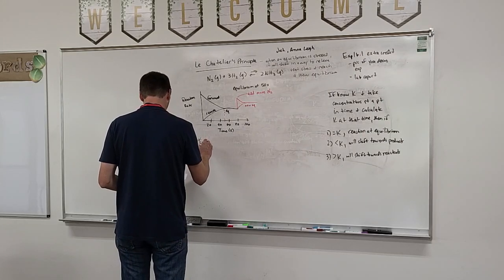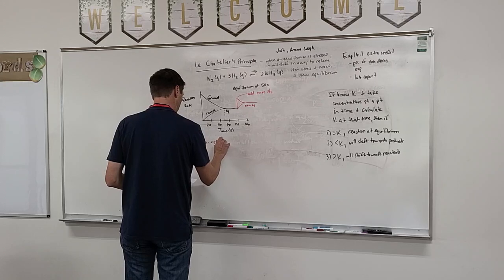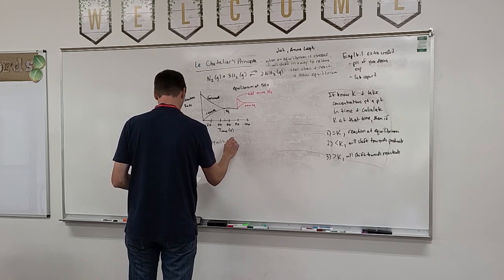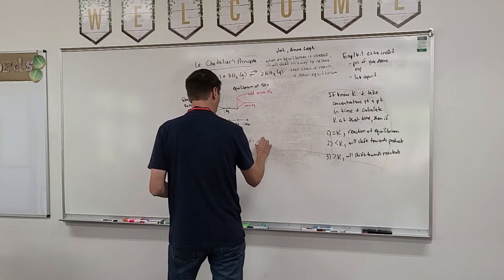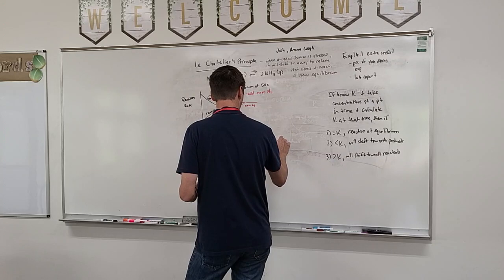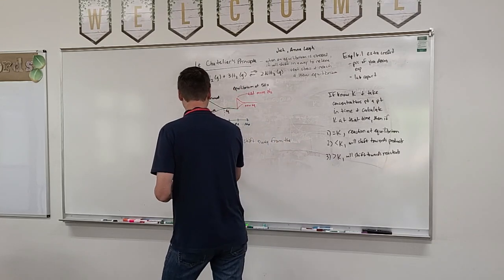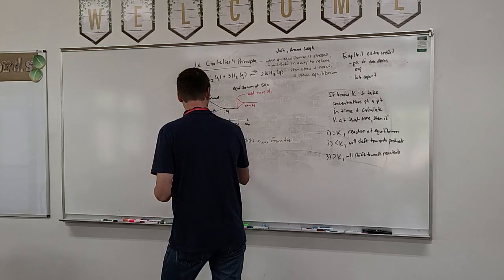So the way that we would write that, when you change the concentration of something, is this. This is what goes along with Le Chatelier's principle. An equilibrium will shift away from the side that experiences an increase in concentration.